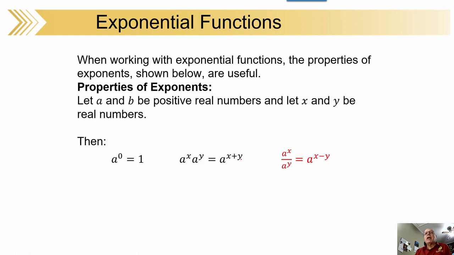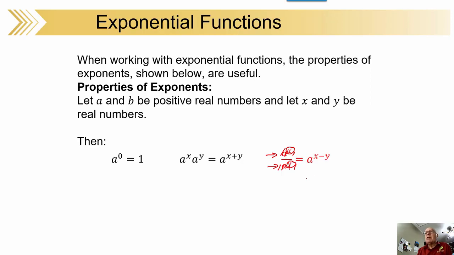Next, if instead of multiplying you're dividing, well, it would make sense that if when you multiply you add, then when you divide you subtract the exponents, because here this means you've got a certain number of a's and you're dividing by a certain number of a's. So some of those on the top will cancel, some of those on the bottom will cancel. How many are left? All you have to do is subtract.